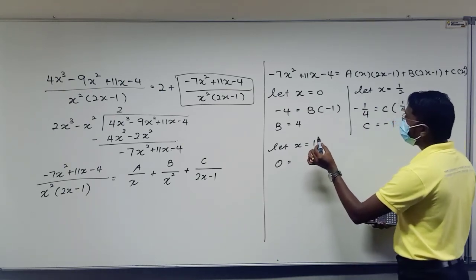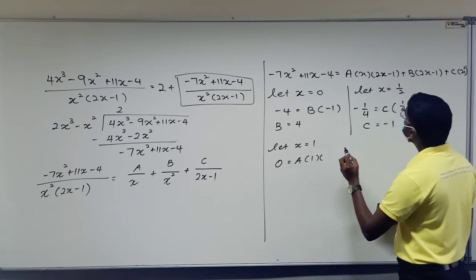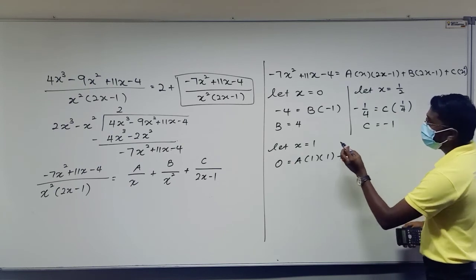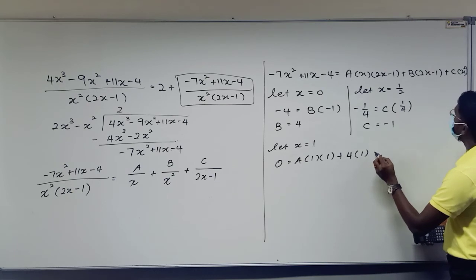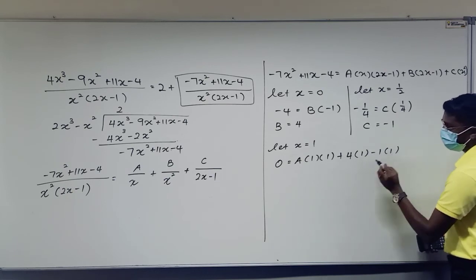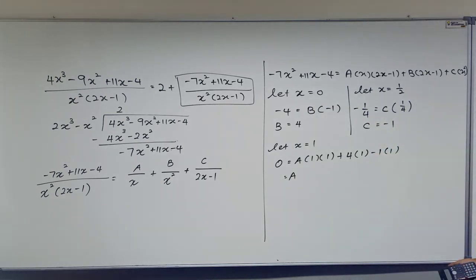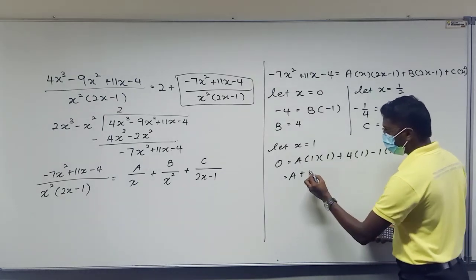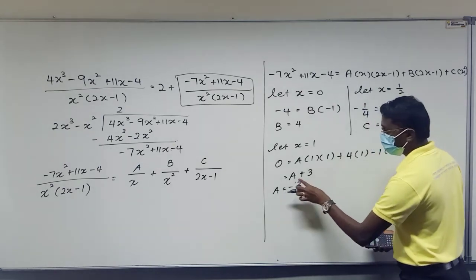So a times 1, 2 minus 1 is still 1, plus b which is 4, 2 minus 1 is still 1, minus c, therefore a plus 4 minus 1 is 3, therefore a equals negative 3.